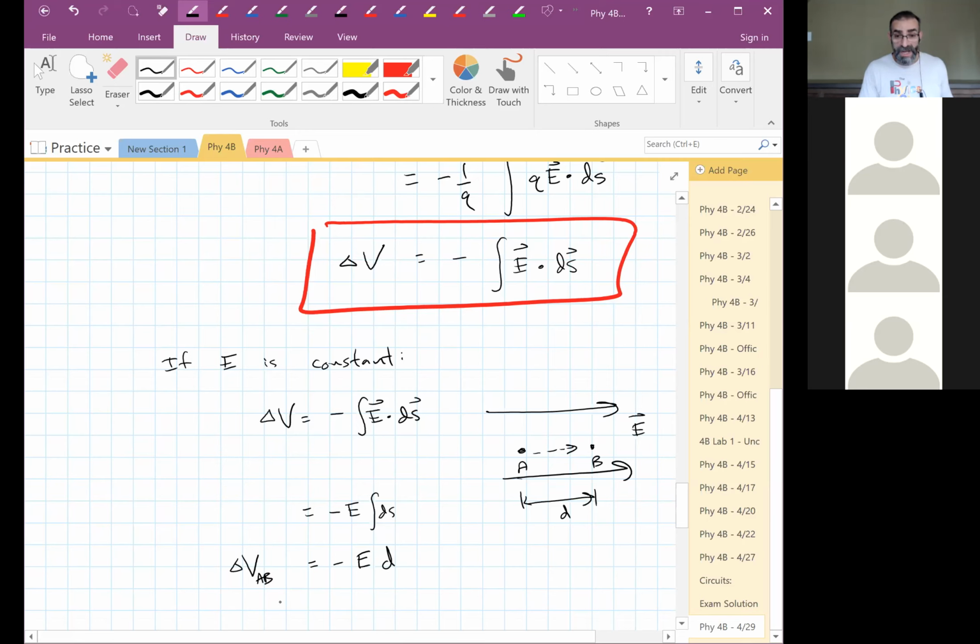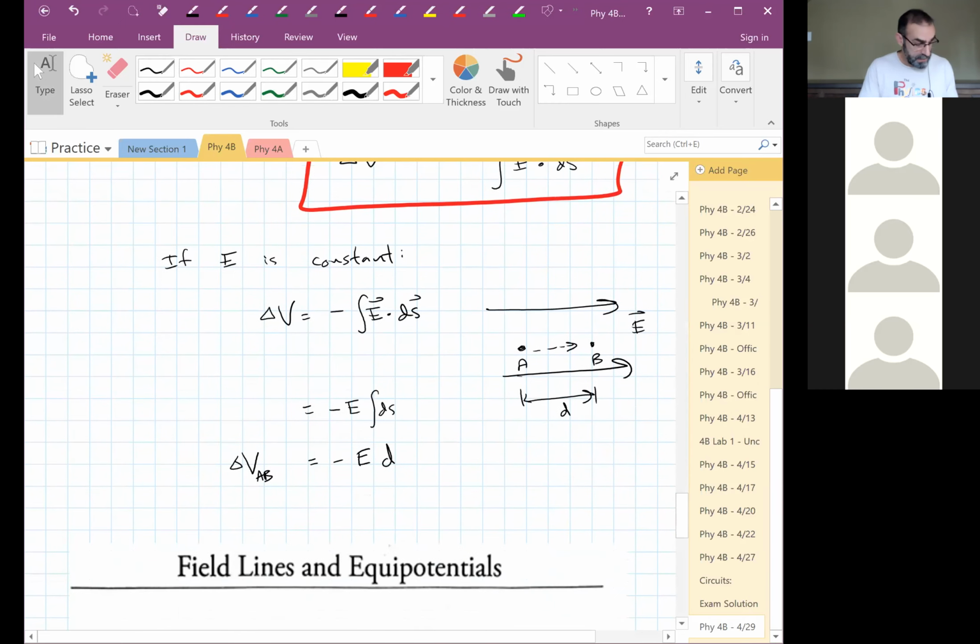So what I always do, when I do these equations, I try really hard to get the signs right using the equations, using the math. Sometimes it works, sometimes it doesn't. In the end, I just look at the equation and figure out whether delta V has to be positive or negative. So let's take a look at this. Did we get the sign right or not?